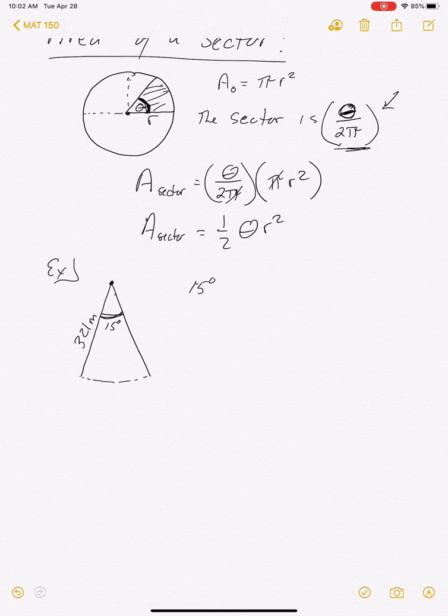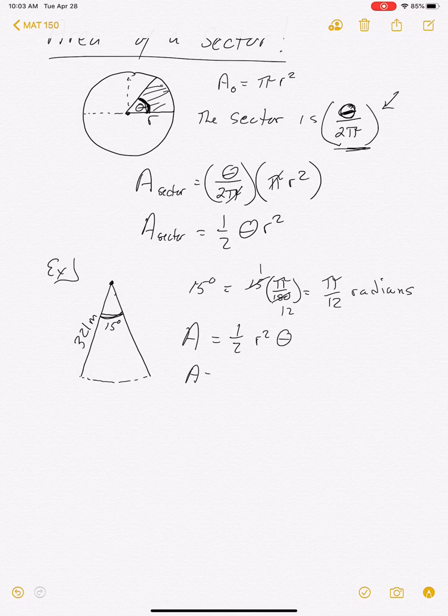So you take the 15 degrees, you multiply by pi over 180. 15 goes into 15 once, so we have pi over 12 radians. So now the area of the sector is equal to 1/2 r squared theta. So it's 1/2 of 321 meters, we're going to square that, times pi over 12.